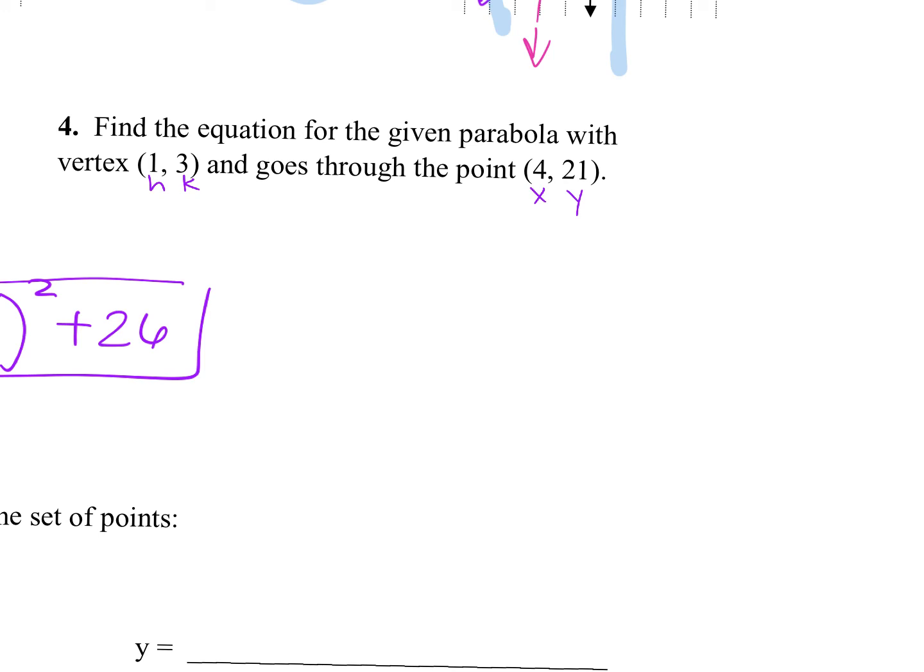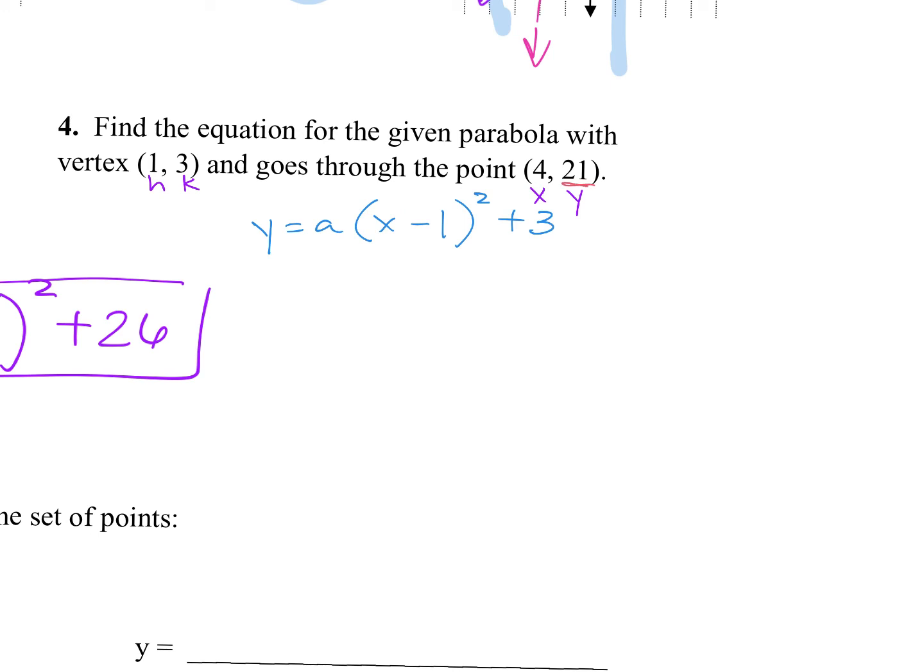So that first step would be y equals a times x minus your h value, so minus 1 squared, plus your k value, which is 3. So your final answer is going to look like this with a number in place of a, okay? What we do from there is now we plug in our x and our y.